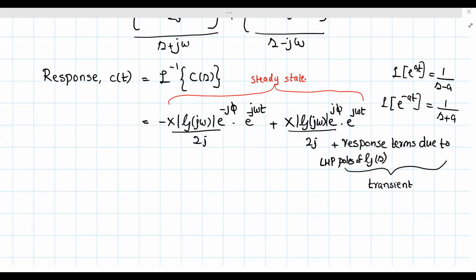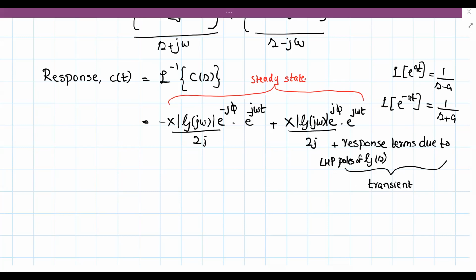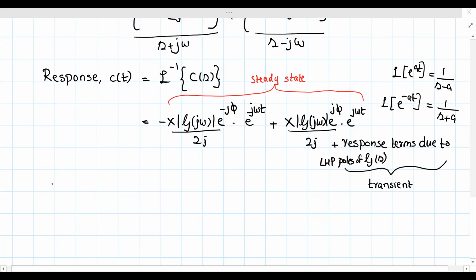Okay, now we have considered a stable LTI system. That means all the poles are in the left half of the s-plane. So as t tends to infinity, the transient part dies out to 0. Okay, and at steady state, we are left with the steady state response c_ss. What will it be equal to?